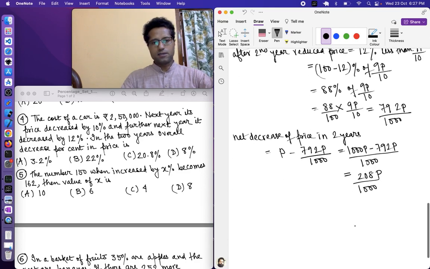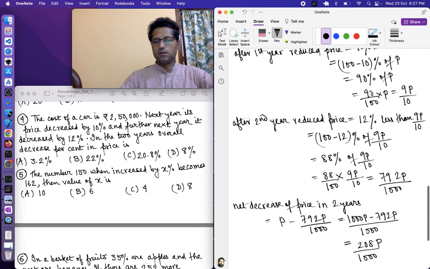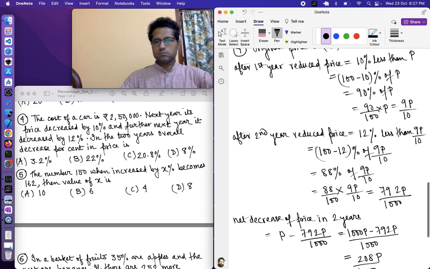Now it is asking the overall decrease percentage. So now we have to find what percent 208P by 1000 is of P, because the net decrease is 208P by 1000. This is based on P, where P is the original price.